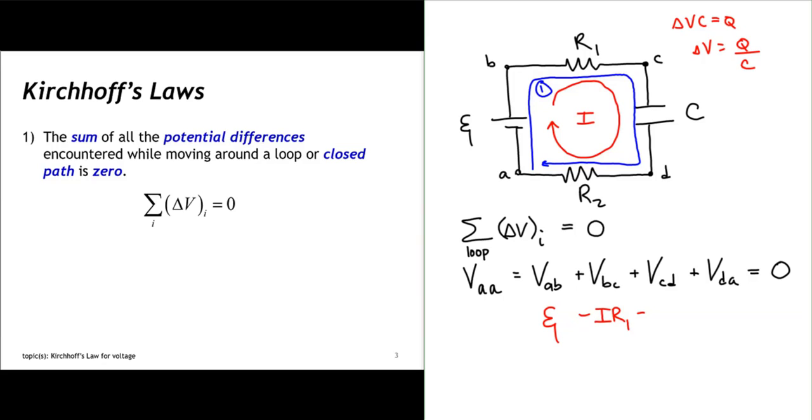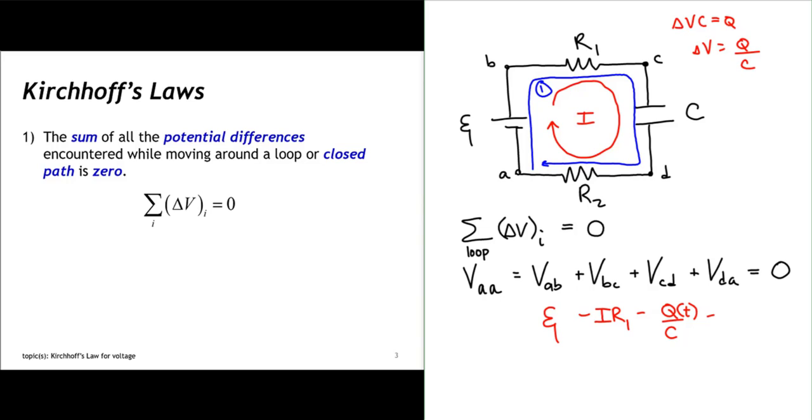So we would have charge over the capacitance. And I'll just put charge with the time dependency because as the current charges, the amount of charge will continue to increase on our capacitor plates. So that's the potential difference across the capacitor.